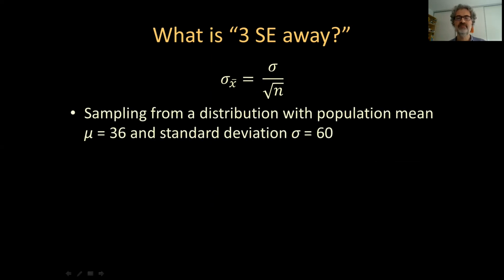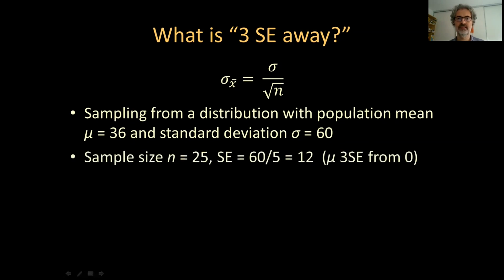So if we're sampling from a distribution with population mean equal to 36 and standard deviation equal to 60, if you sample with 25 individuals, so sample size equals 25, then your standard error will be equal to the standard deviation of 60 divided by the square root of 25, that's equal to 12. So your standard error equals 12.